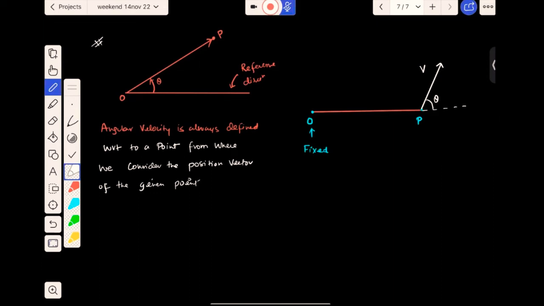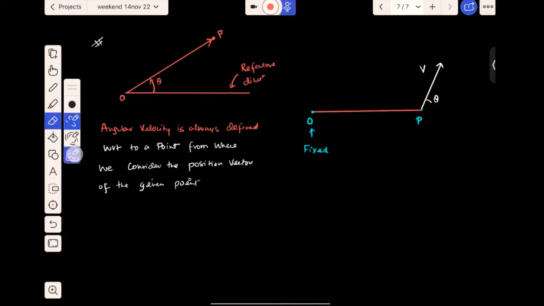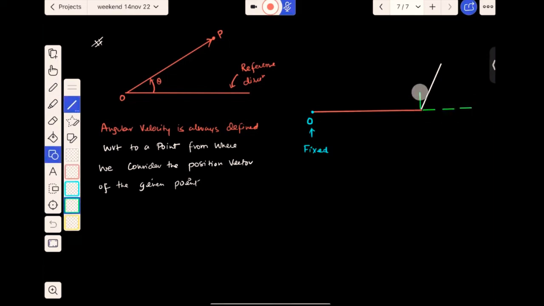So tell me, one thing I can do is take components of this velocity along the line joining them and perpendicular to the line joining them. Maybe I'll draw it properly, just a moment. So I take components of this velocity vector.